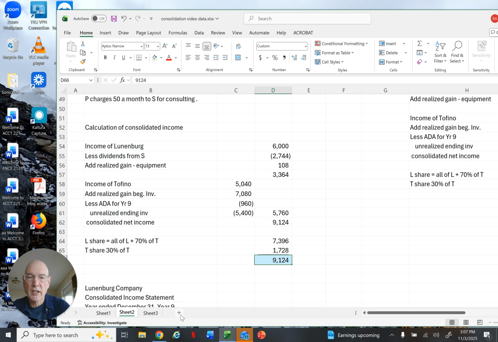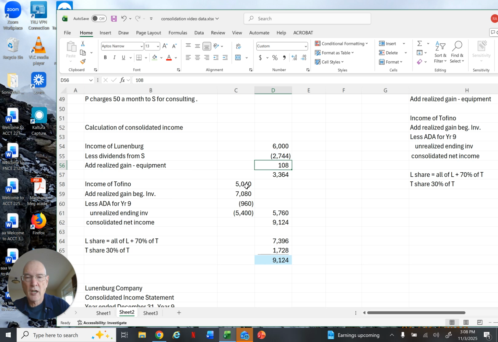We were at 91.24. And just a reminder, we had taken out the dividends from the subsidiary, added the realized gain on equipment. This is, by the way, at net. So that's going to be less depreciation expense, which increases income, but we're going to charge the tax on the income statement.